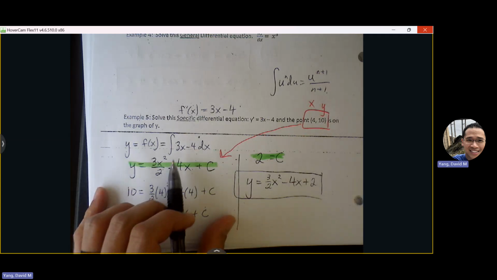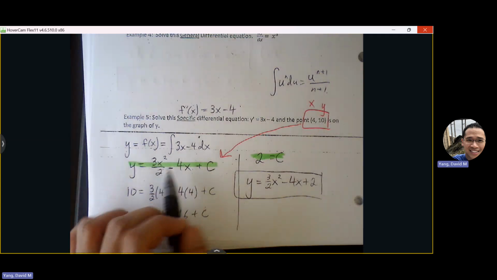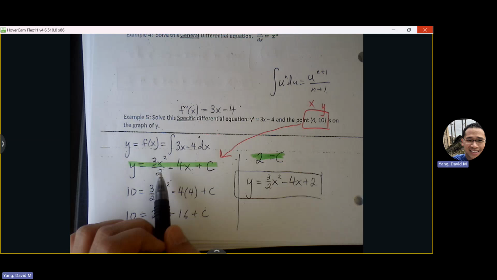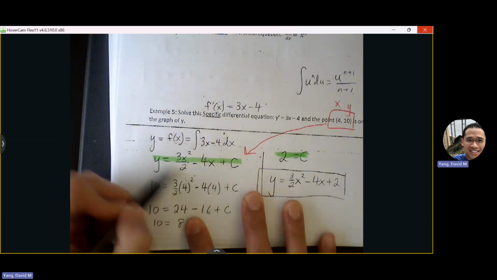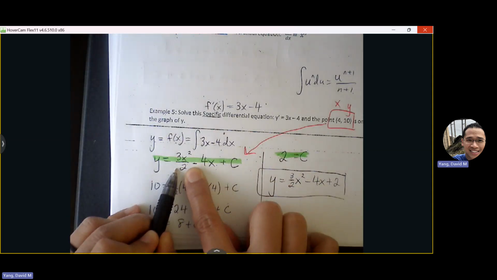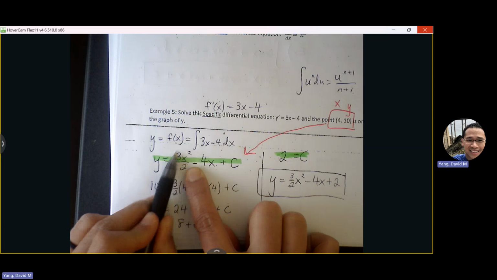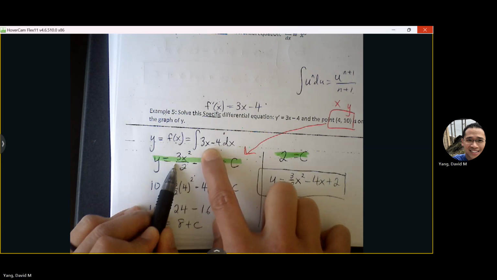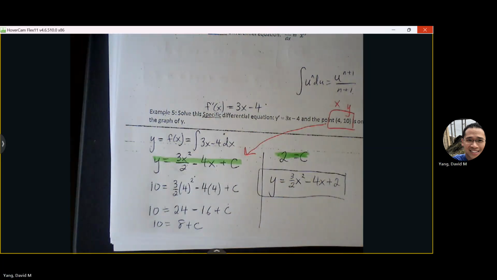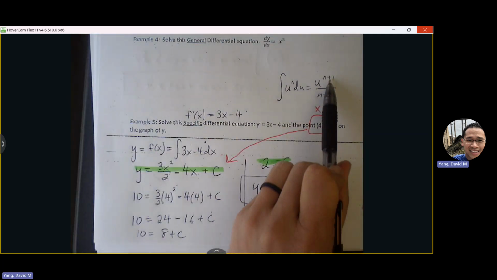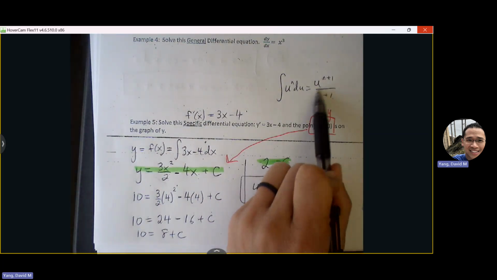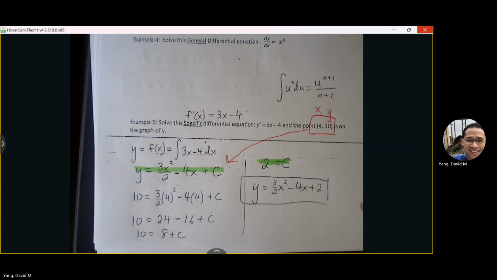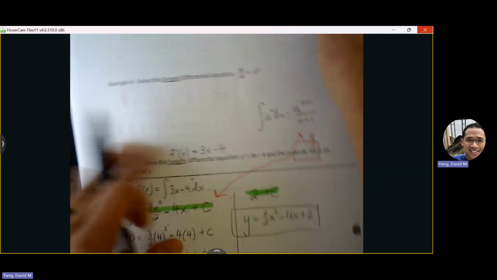So the antiderivative process is undoing that process. We're going to be adding and dividing. So for instance, if I were to find the derivative of 3/2 x squared, this will bring me back to 3x. Right, so power rule for antiderivatives, we're going to be adding 1 to the exponent and dividing by that new exponent. Okay.